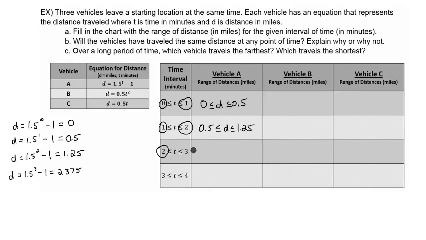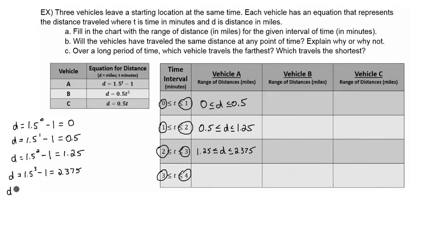So there we go, we did 3. So between 2 and 3 minutes we've traveled, it's going to be 1.25 miles to a maximum of 2.375 miles.